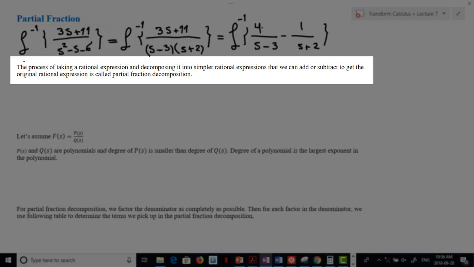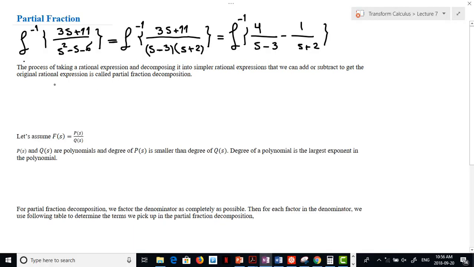The process of taking a rational expression and decomposing it into simpler rational expressions that we can add or subtract to get the original rational expression is called partial fraction decomposition.